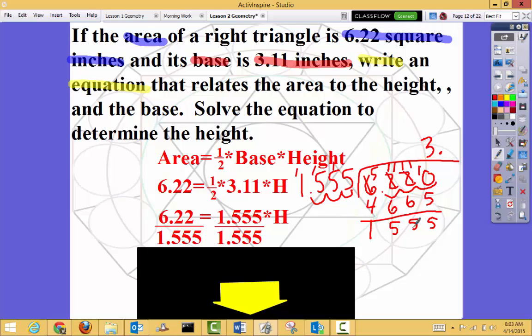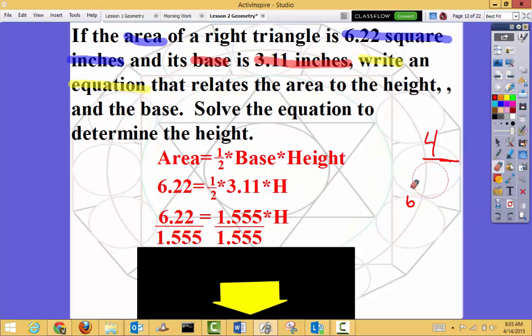Now look, this number's the exact same as that. So what does that mean? That means this number was too small. I need to increase it by 1. When you subtract, that number should always be less than that. So that means this is going to be 4. And I'm just going to rewrite my problem to make it a little nicer looking.